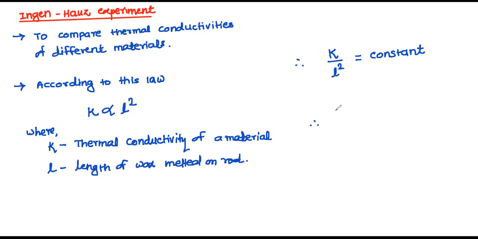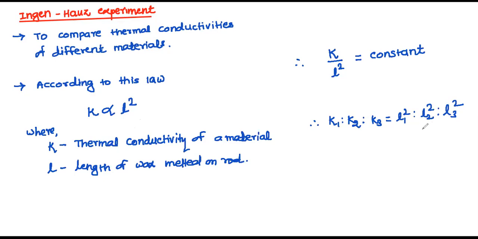And therefore, K1 as to K2 as to K3 is equal to L1 square as to L2 square as to L3 square. Yes or not? Clear? Because it is directly proportional.